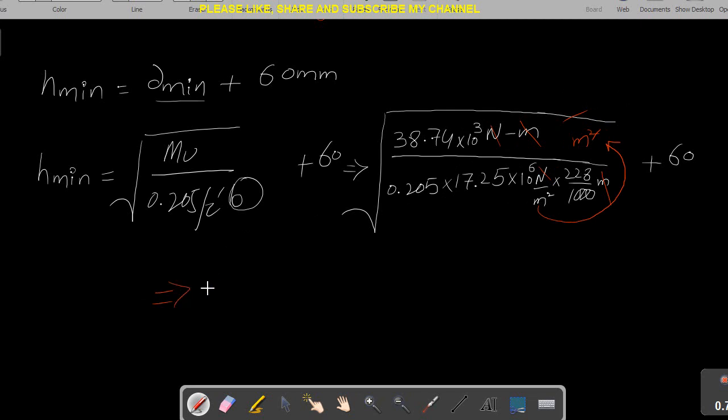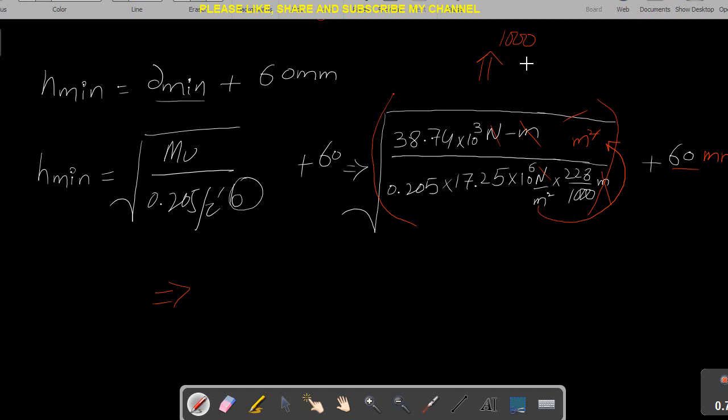So from this, and adding, we have to multiply the value which we got from this part with 1000 to convert it into millimeter, because this is in millimeter, right? So the value, I think 219, we got 219 or 0.219 from this.